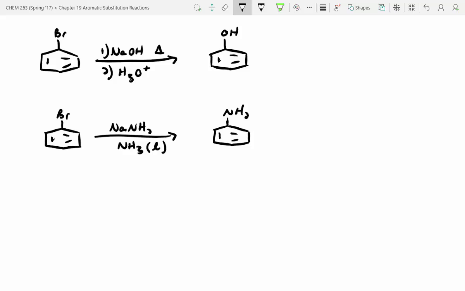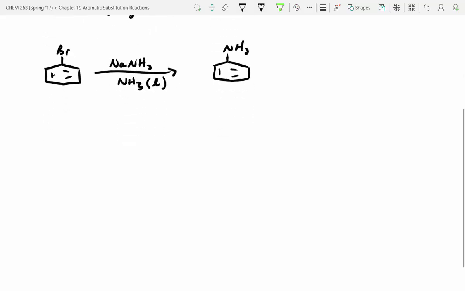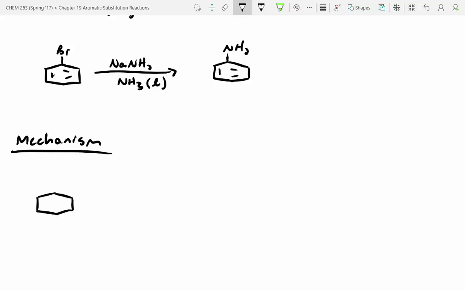This isn't a simple nucleophilic aromatic substitution. Specifically, it's more of an elimination reaction. So we've got a super strong base and we've got a good leaving group. So let's try to figure out what the elimination reaction would look like. And in fact, I'm going to add on a methyl group here.